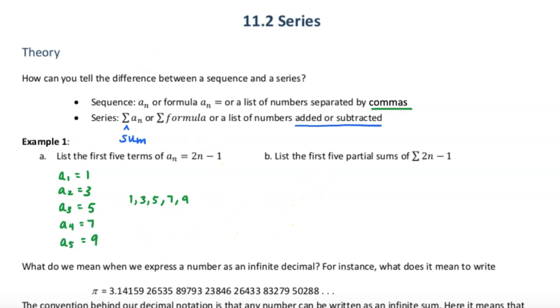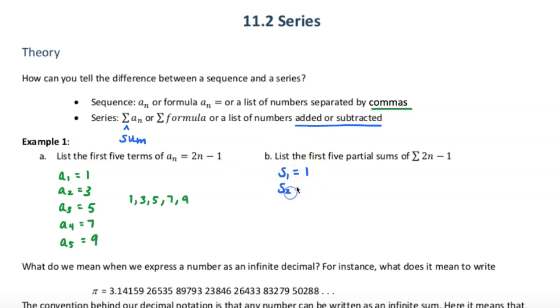Now let's see how this differs from the first 5 partial sums. These are called partial sums because we are adding together some of these values. I'm going to denote the first partial sum S sub 1, using S to show that this is the sum. That's just the sum of the first value, which is 1.